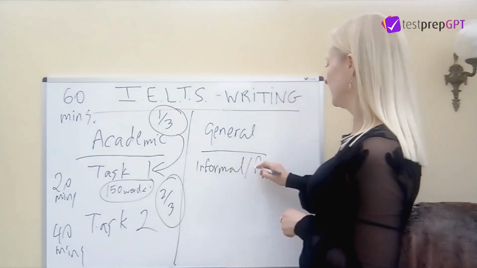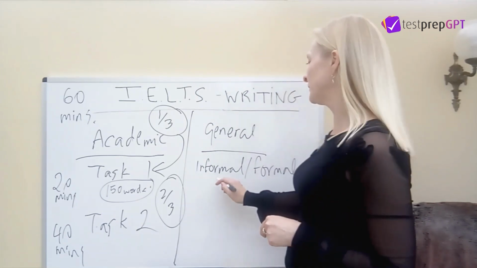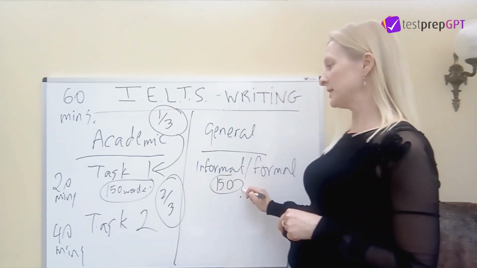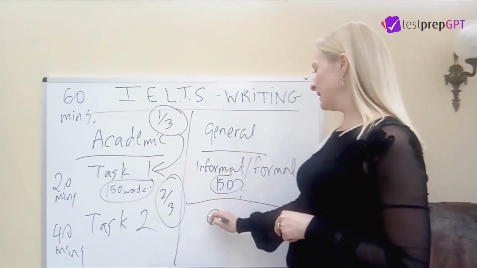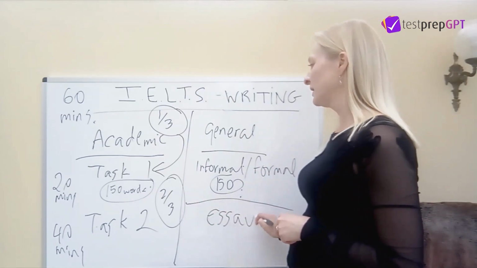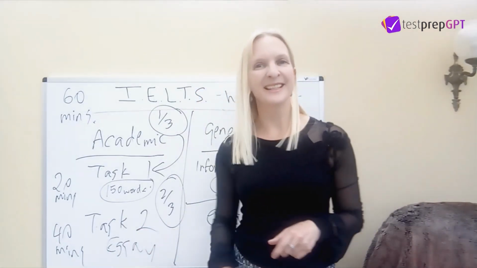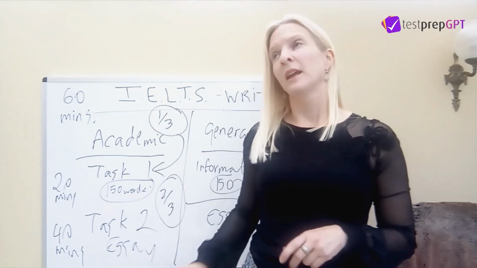So it could be either type of letter. Again, 150 words. So the word count is the same, the time is the same. And then task 2 is an essay. Task 2 in academic is an essay. So you have an essay in each exam.